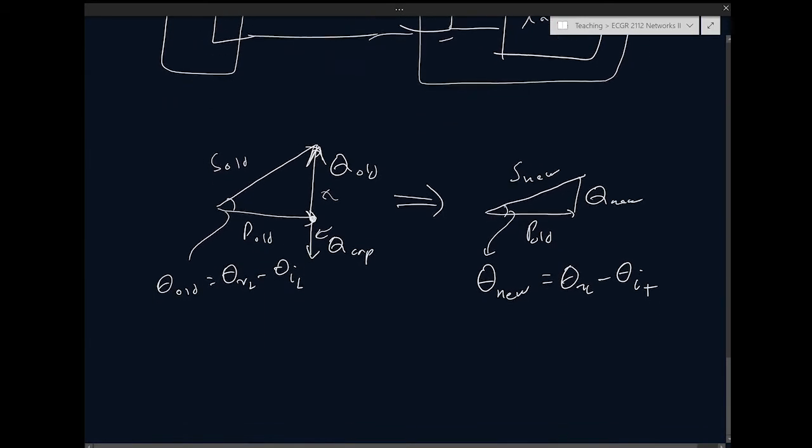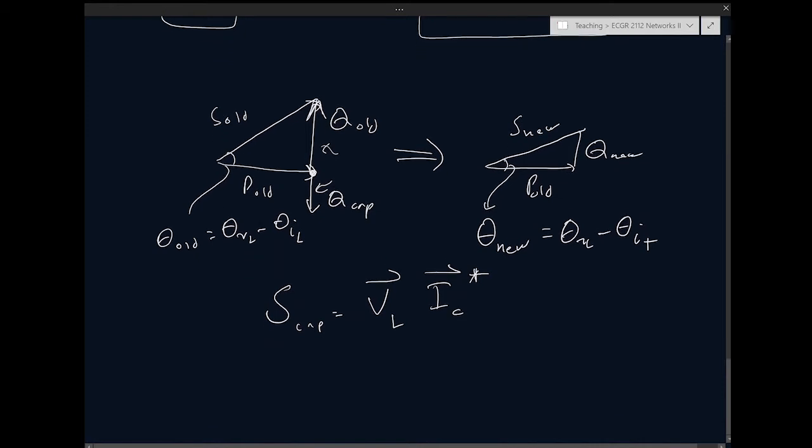What's Q cap? We can quickly calculate Q cap. We know that S cap equals VL times IC conjugate. Always fall back to this formula. VL is just going to be the magnitude of VL RMS.